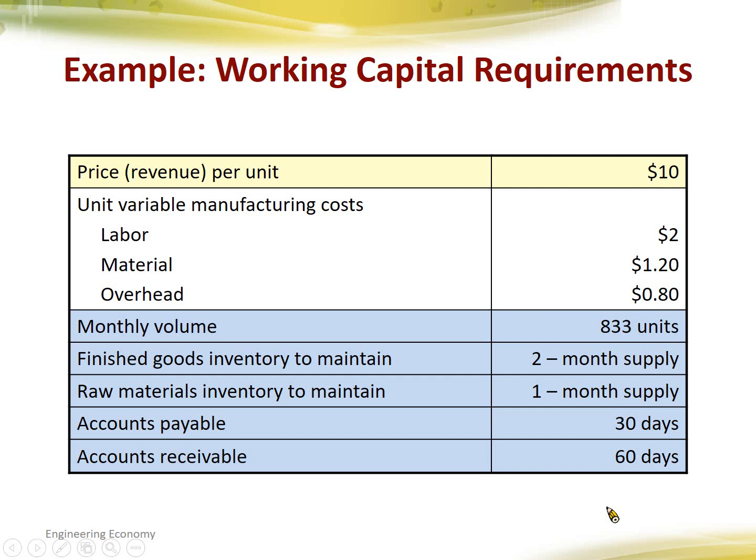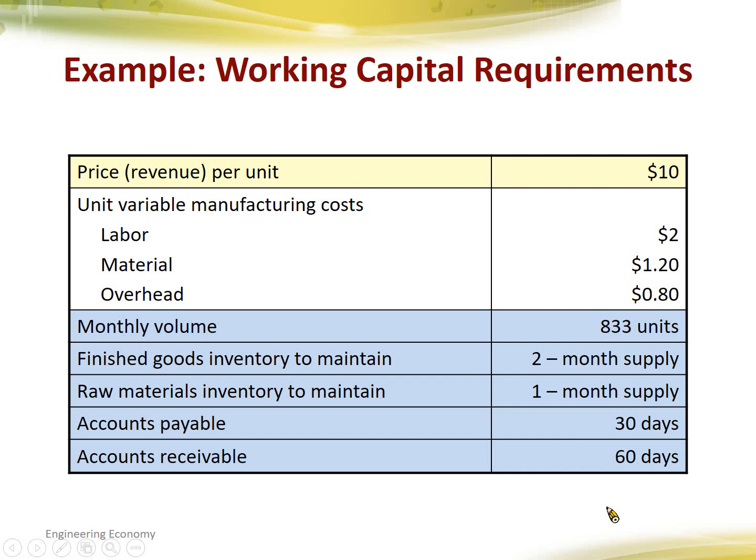Very strange unit, because if you multiply by 12, it gives you 10,000 a year. Okay, so if we look at it monthly, it's 833. If you multiply this value by 12, it gives you 10,000 a year.